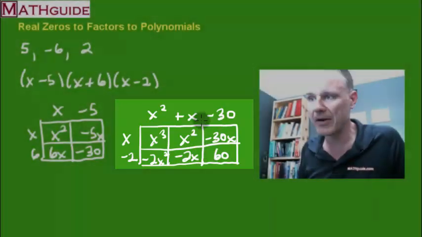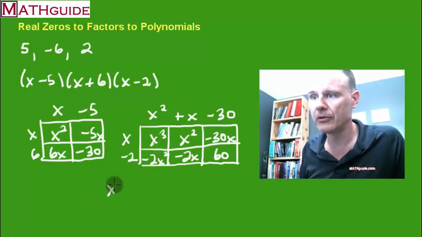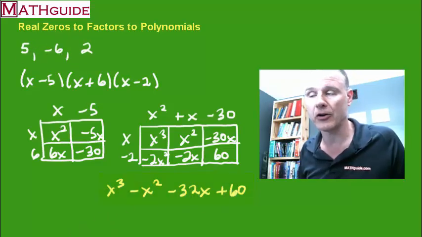Now I'm going to combine like terms. Notice that those two are alike and those two are alike. So I get x cubed, a minus x squared, a negative 32x, and a plus 60. And there you go. If I have these zeros, this is the corresponding polynomial.